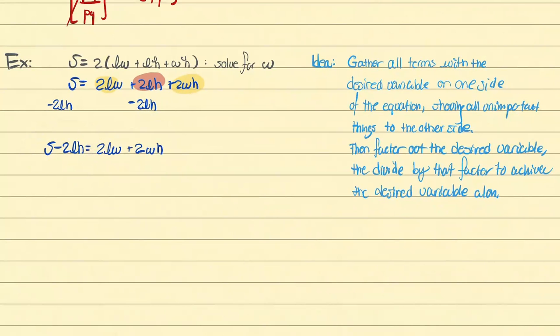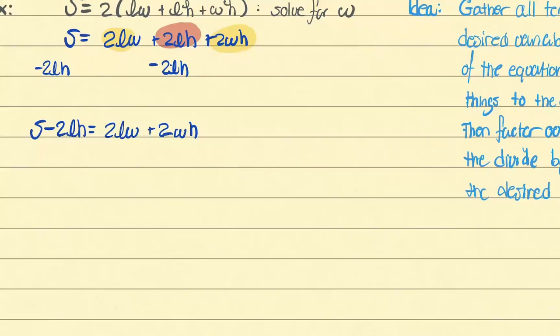Now what I'm going to do is factor out W. Notice W appears here and here. So if I factor out W, I get 2 times the quantity 2L plus 2H times W.